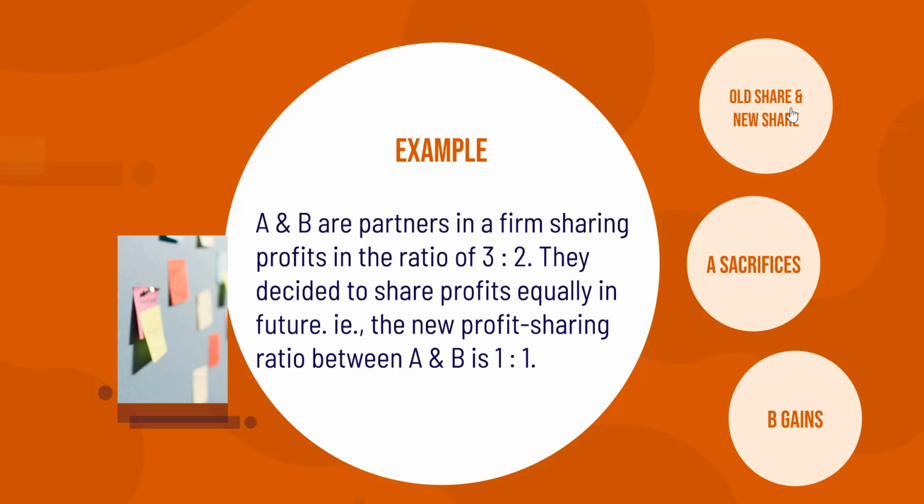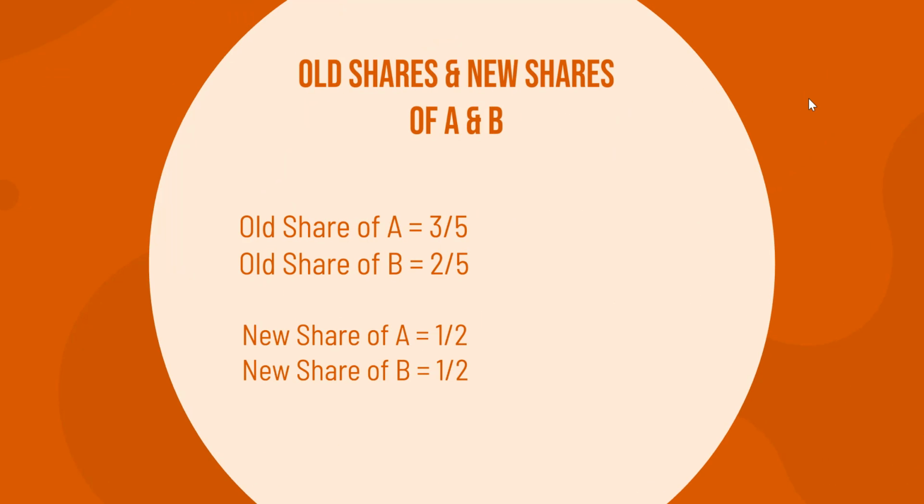So what do we call as old share and new share? Old share of A is 3/5 and old share of B is 2/5. Remember, we said that the old profit sharing ratio was 3:2. So from that we arrive that A has 3 parts out of 5 parts and B has 2 parts out of 5 parts.